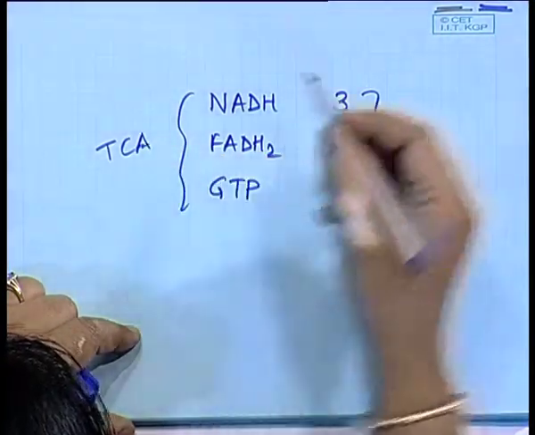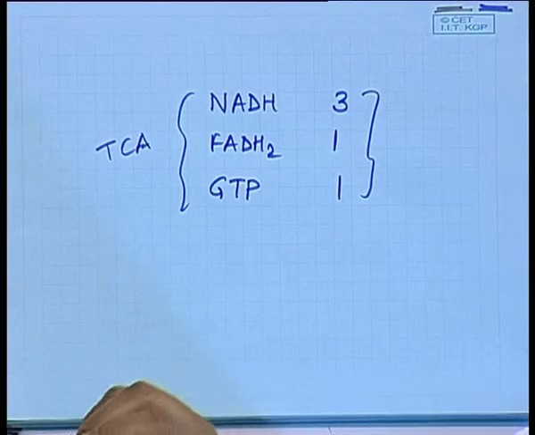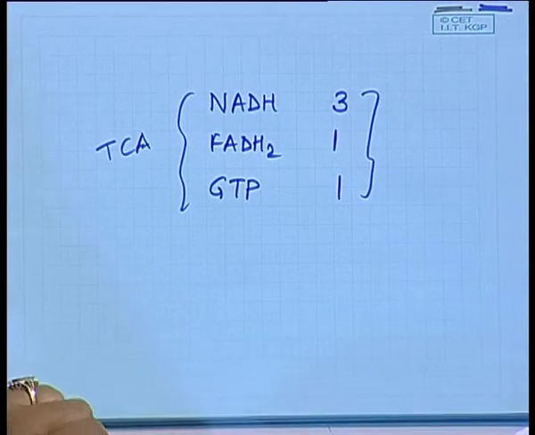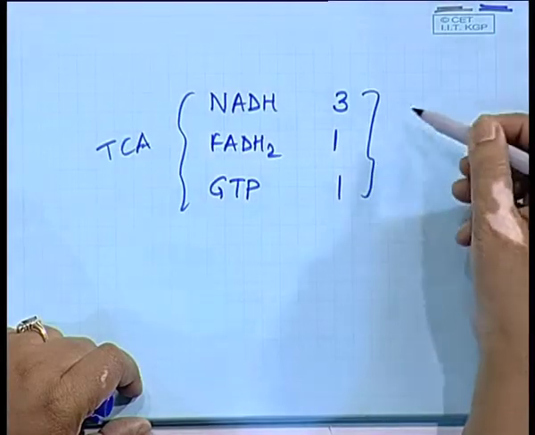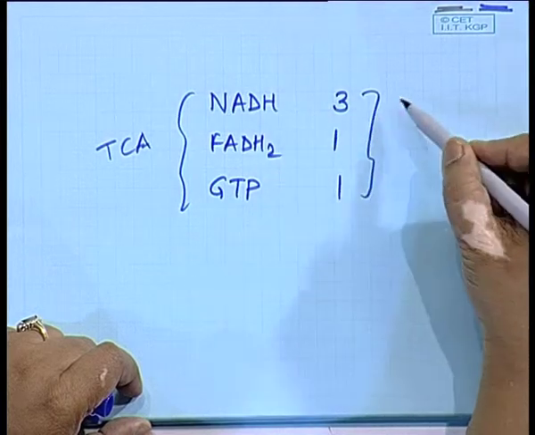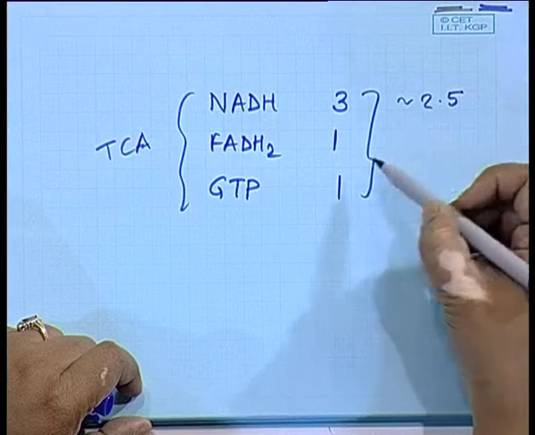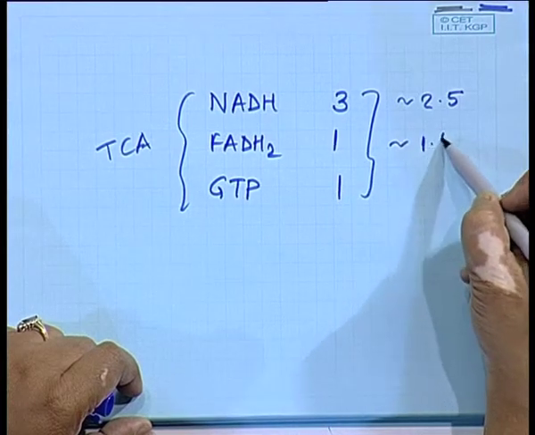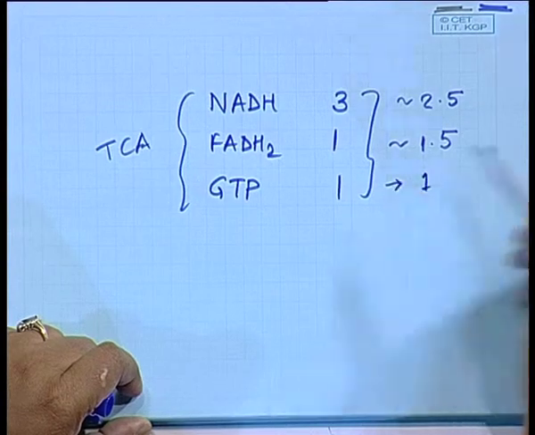Now, this NADH and FADH2, where are they going to go? They are going to go for oxidative phosphorylation in the production of ATP. When we looked at the overall reactions of oxidative phosphorylation, NADH produced approximately 2.5 ATP, FADH2 produced approximately 1.5 ATP, and this is 1 ATP.